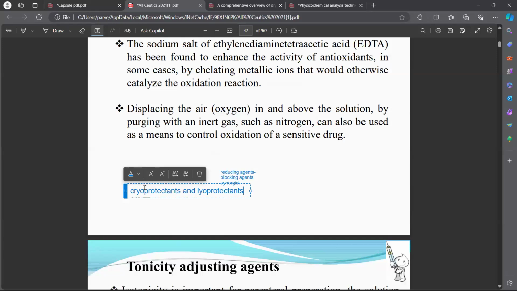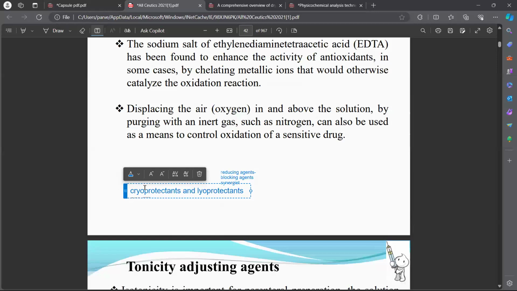Most of the powders which are reconstituted for the injection route are prepared by the process of lyophilization. Can anyone recall what is meant by lyophilization? What is the synonym of lyophilization?